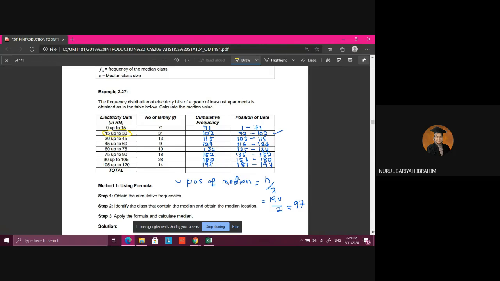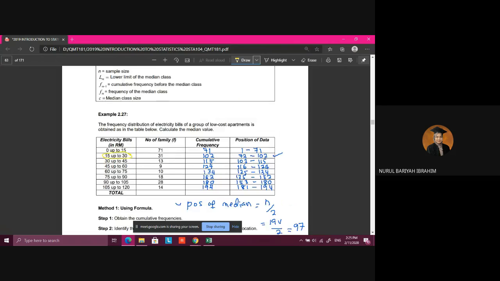We know the median is in the second class, but we do not know which value it is, 15, 16, 17, 20, or 25. So we have to calculate the median. But now we know that the median is located in this class, so we will apply the formula.